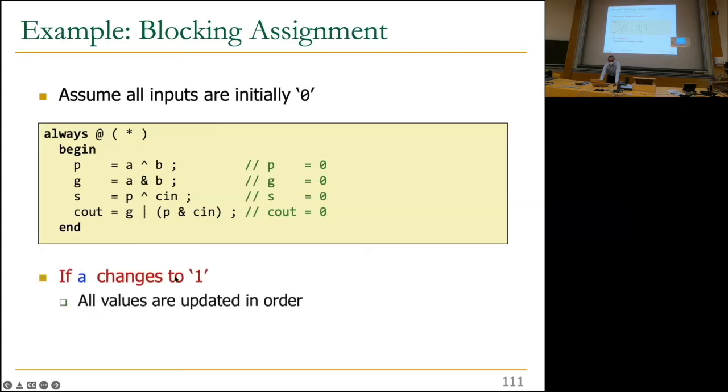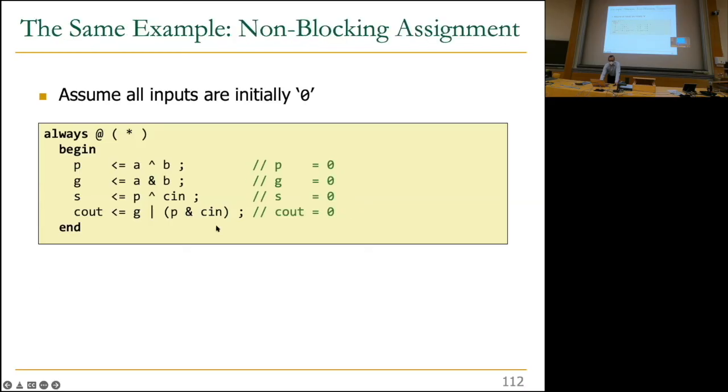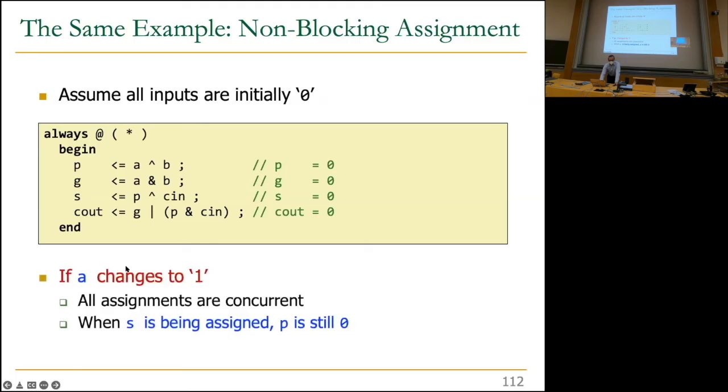So for example, if A changes to 1, all values are updated in order. If A changes to 1, P changes to 1, G changes to 0, S changes to 1 based on P, and C out is kept as 0 because both G and P change. In the same example with non-blocking assignments, if A changes to 1, all assignments happen concurrently, meaning when S is being assigned, P is still 0.